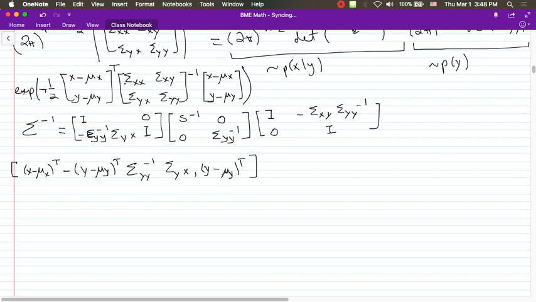So this vector transpose times this matrix. Here it is, this first part of this matrix. That's all I've done so far. Right? So this times this times this times 0, this times identity. All right. The rest of this is S minus 1, 0, 0, sigma yy minus 1, and I minus sigma xy, sigma yy minus 1, 0, and I.